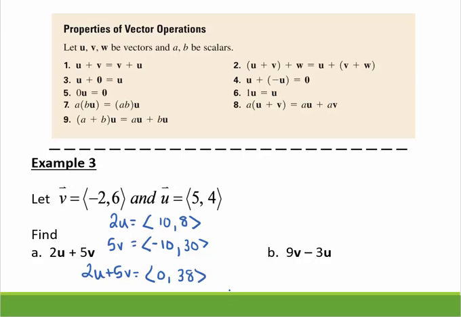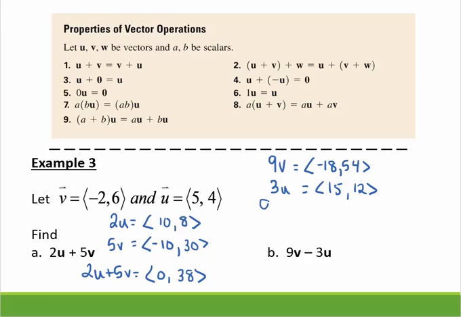To get that. So 9v minus 3u, I'm going to do my work above just because I don't have a lot of room below. 9v is equal to negative 18, 54. 3u is equal to 15 and 12.